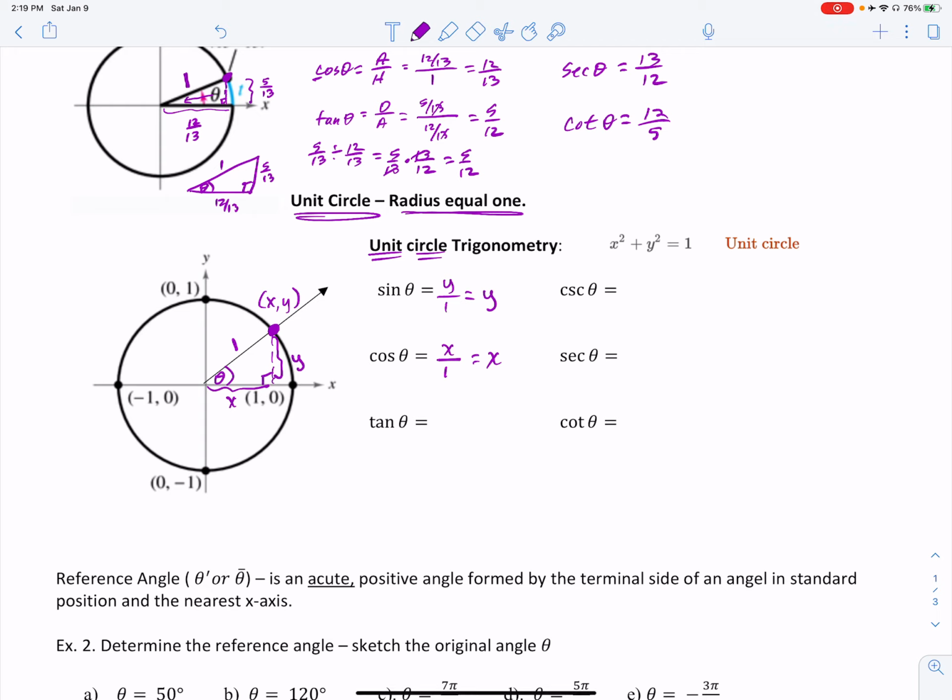I can't stress that enough. And then tangent of theta, in that triangle, the opposite leg is y, the adjacent leg is x. So tangent is your y coordinate of the point over x. Cosecant is the reciprocal of sine, so 1 over y. Secant is the reciprocal of cosine, so 1 over x. Cotangent is the reciprocal of tangent, so cotangent is x over y.